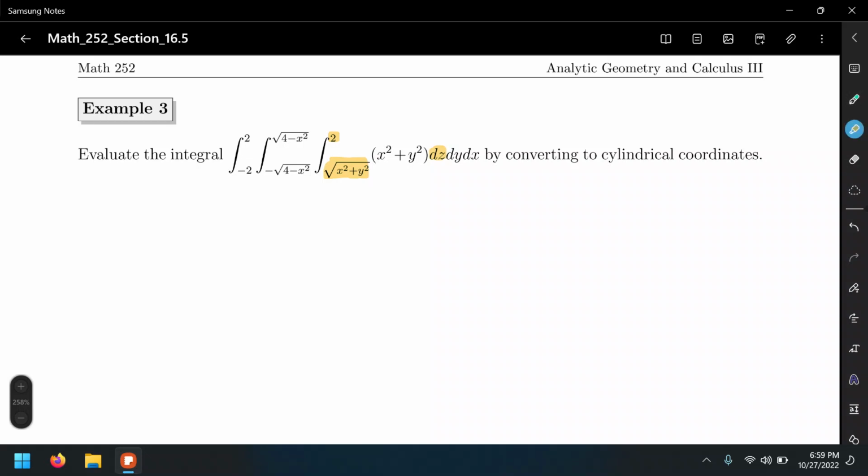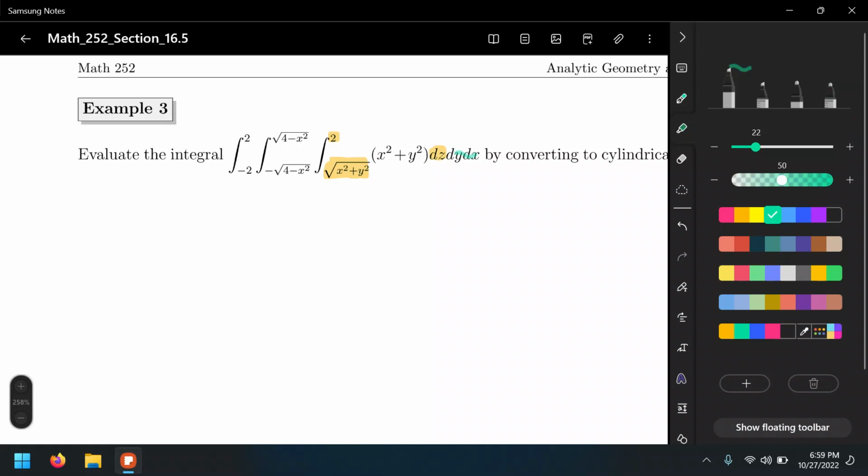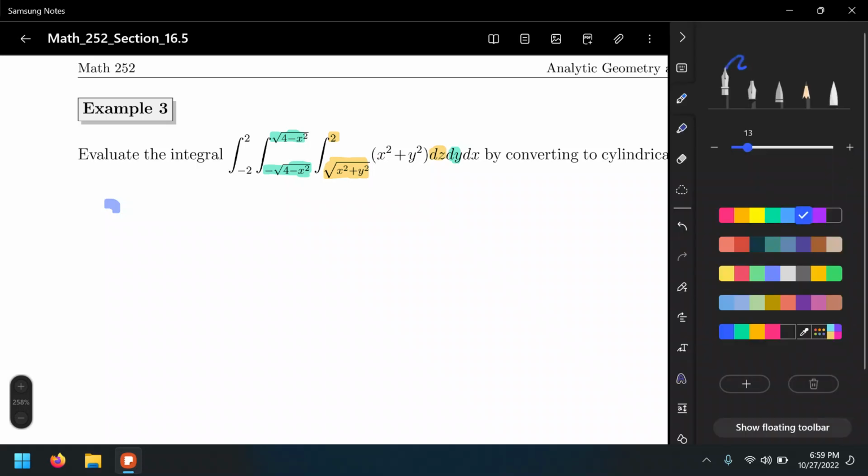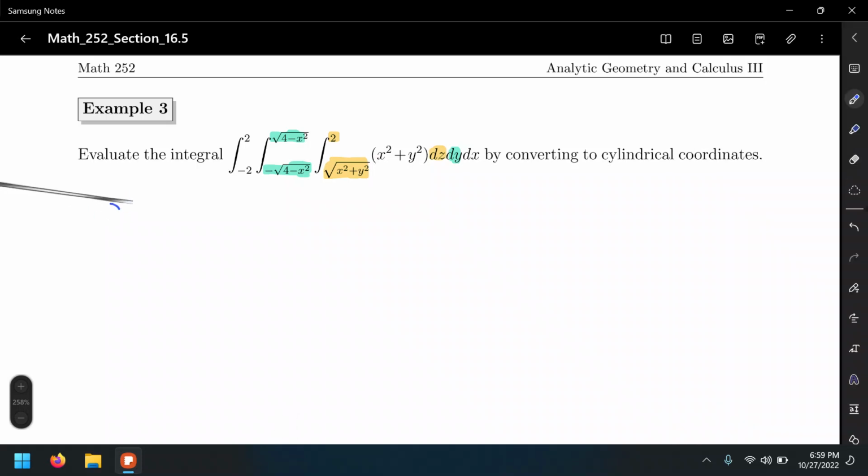Let's look at the second inner integral, the one with respect to y. I think this one is a lot easier to see. This is telling us that y is varying between negative the square root of 4 minus x squared and positive the square root of 4 minus x squared.